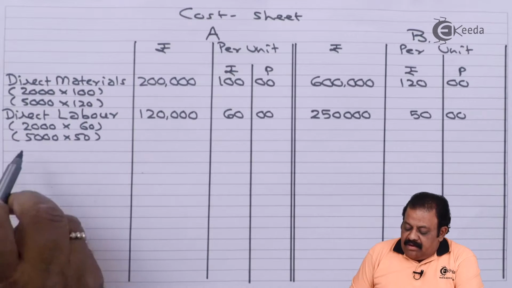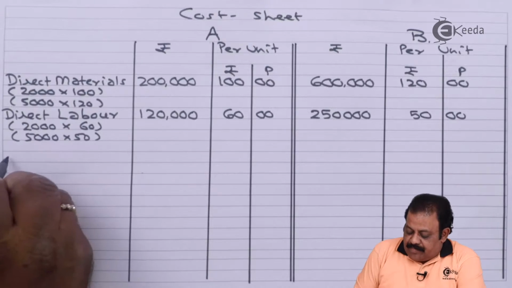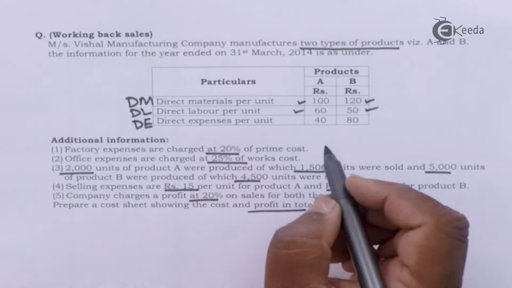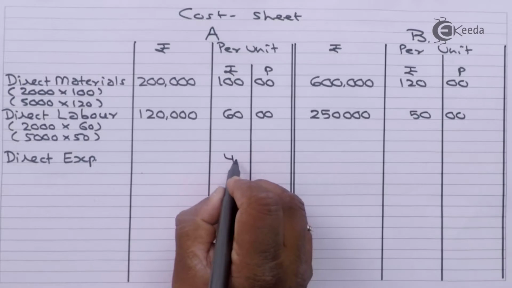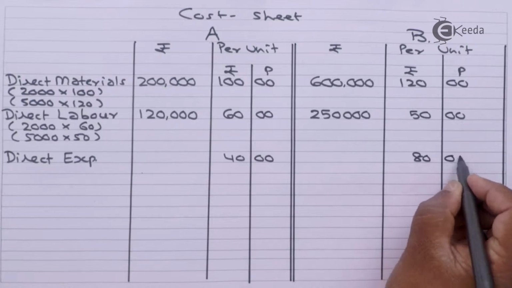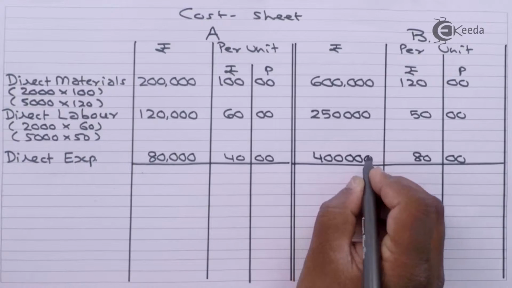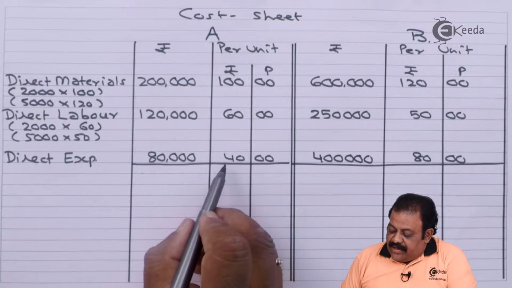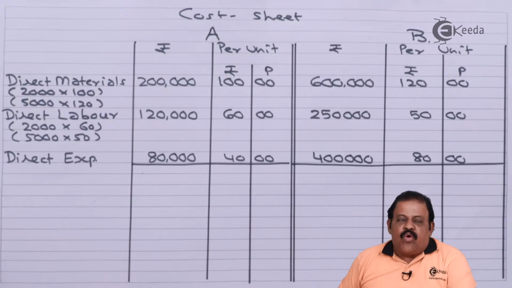In case of product B, 5000 units multiplied by 50, it will be 2,50,000. Direct expense per unit in case of A is 40 rupees, in case of B 80 rupees. So direct expense for product A, 2000 units multiplied by 40, it will be 80,000. In case of product B, 5,000 units multiplied by 80, it will be 4 lakhs.